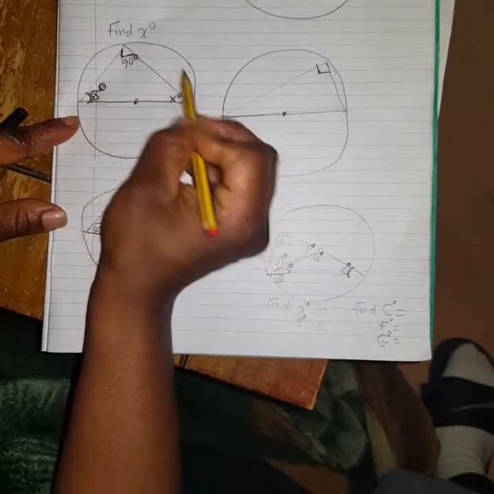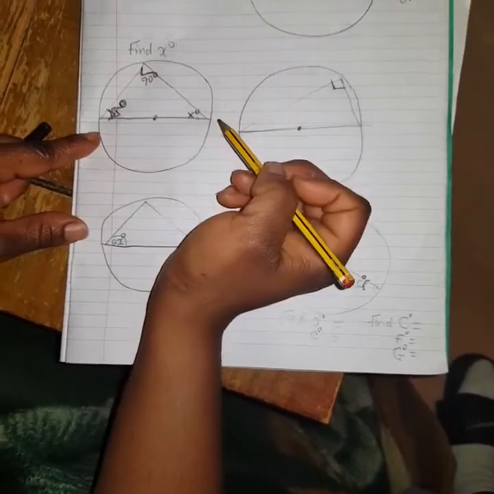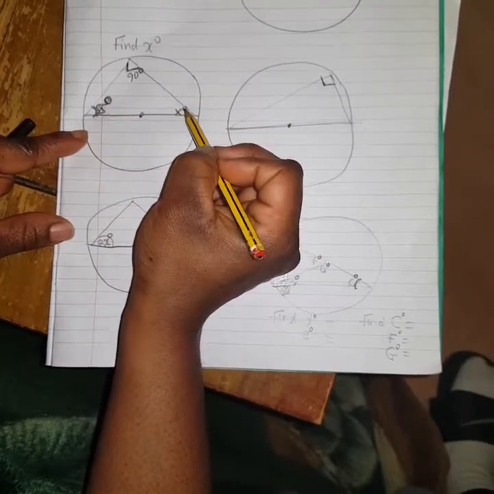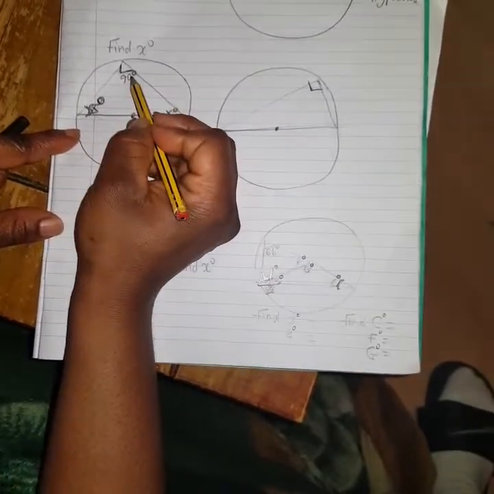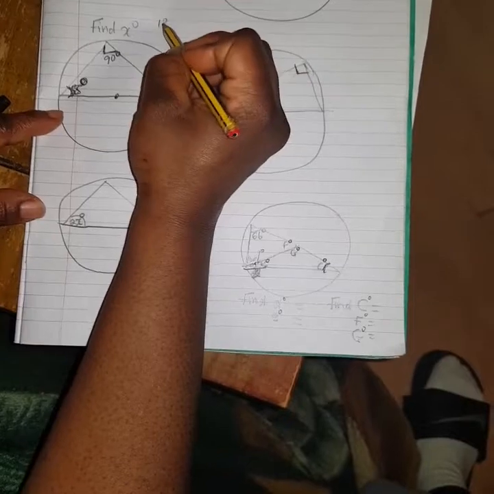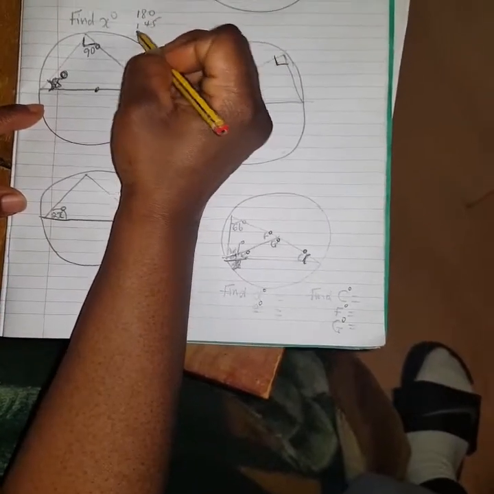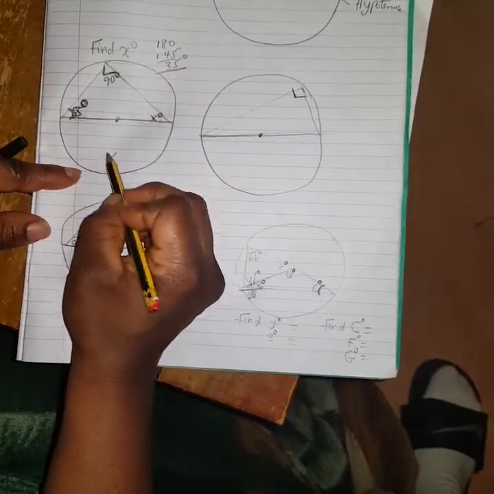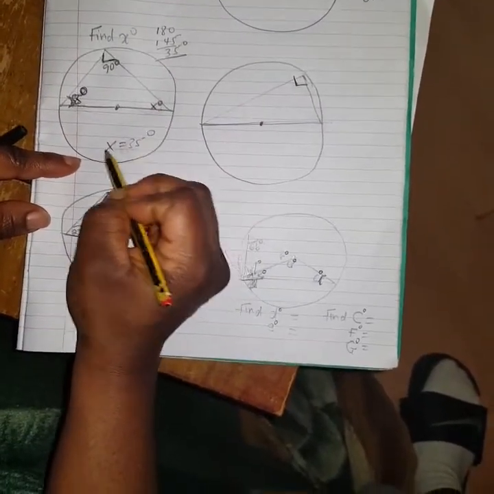Now, angles in a triangle add up to 180 degrees. So 90 add 55 is 145. And if you take 145 away from 180, you would have 35 degrees remaining. So your x here will be 35 degrees.